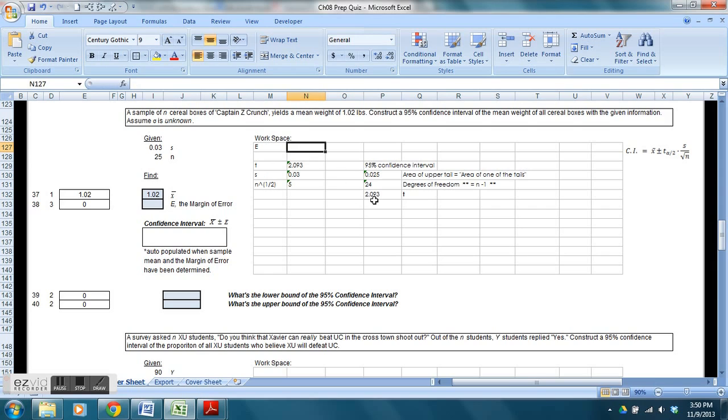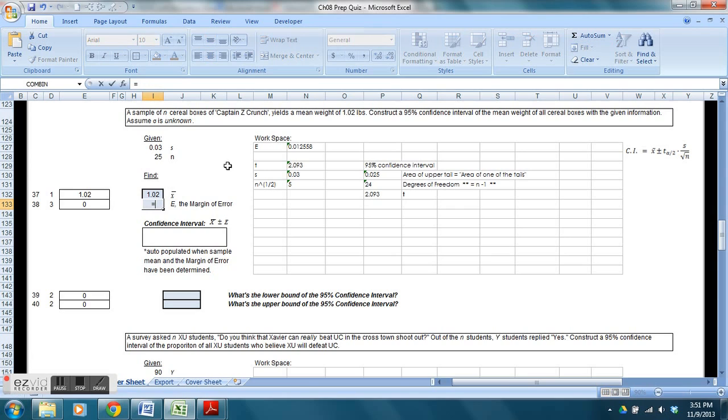And now we can determine what our margin of error is. It is the T times the sample standard deviation divided by the square root of our sample size. So t multiplied by the sample standard deviation divided by the square root of n. And there's our error term.